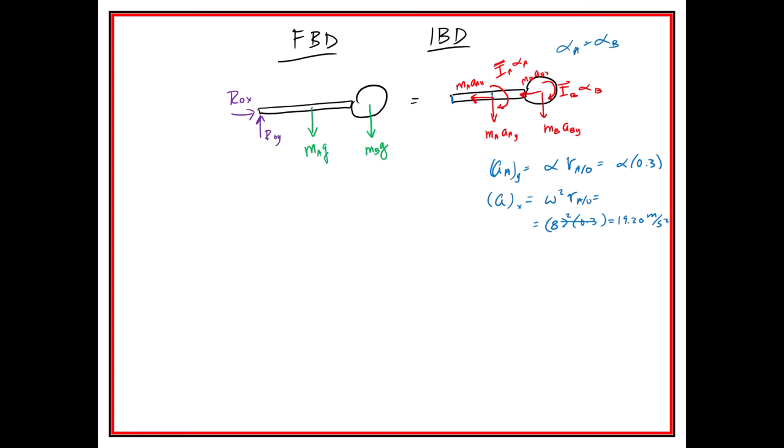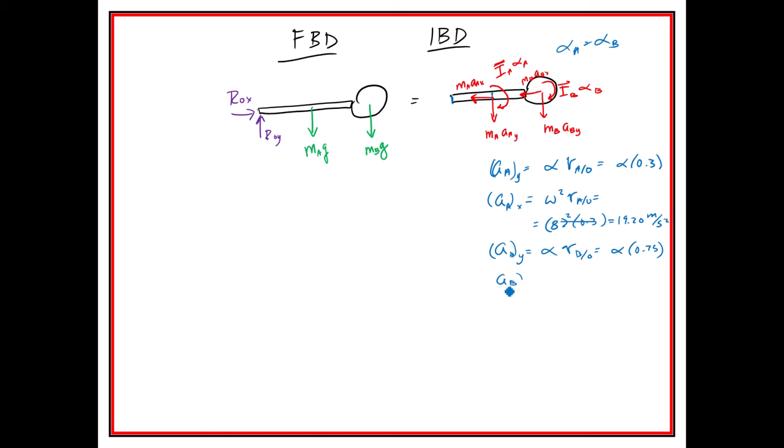The same thing for our B right here. The acceleration of B in the y direction is going to be alpha R_B with respect to O, which is going to be alpha, and that's 0.75 if you'll recall.